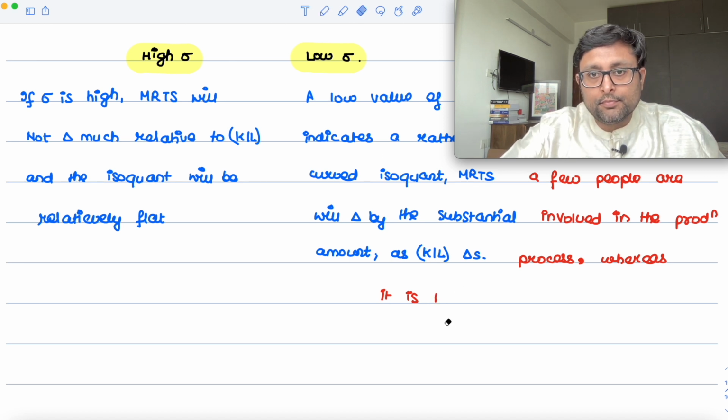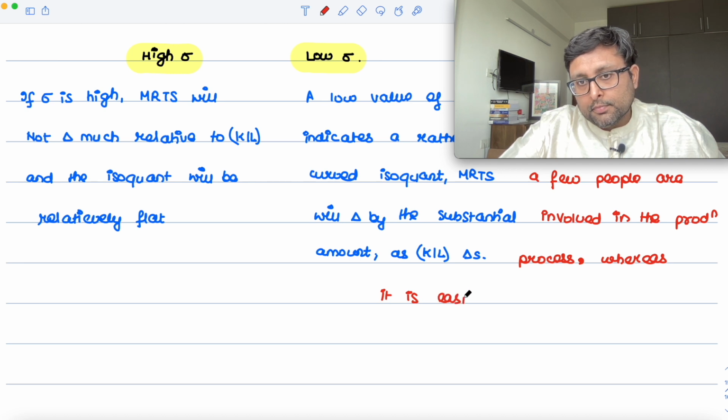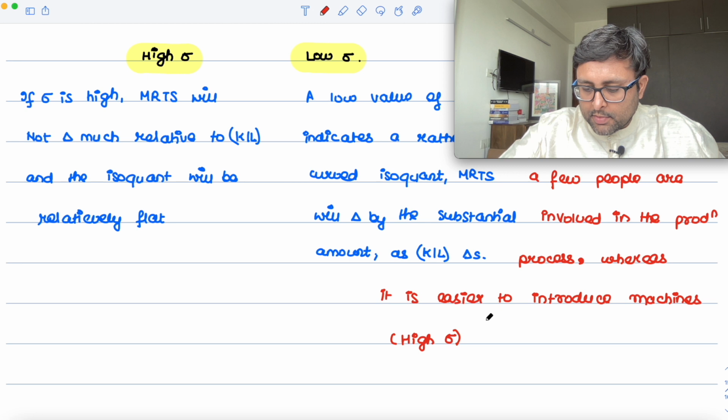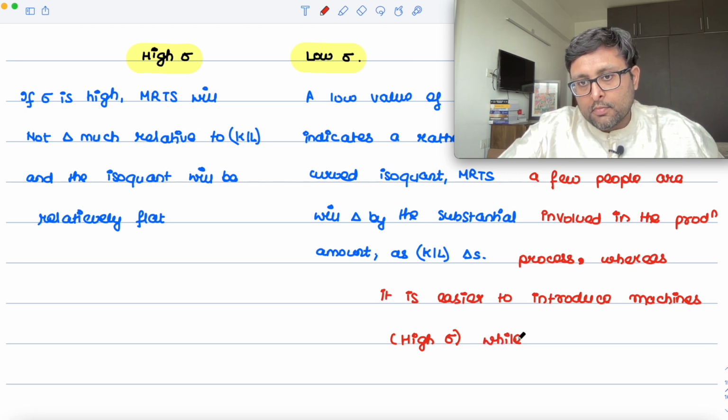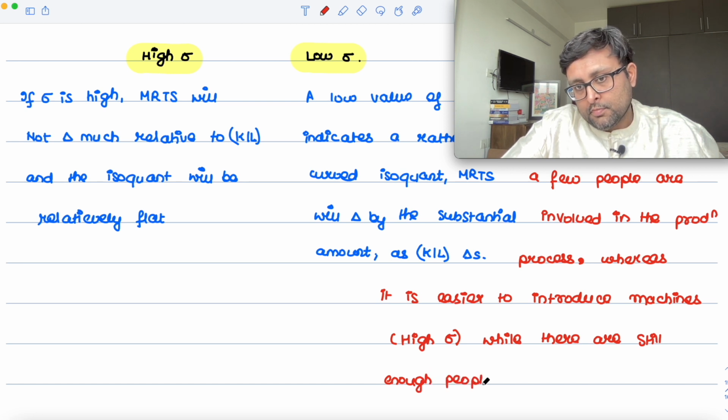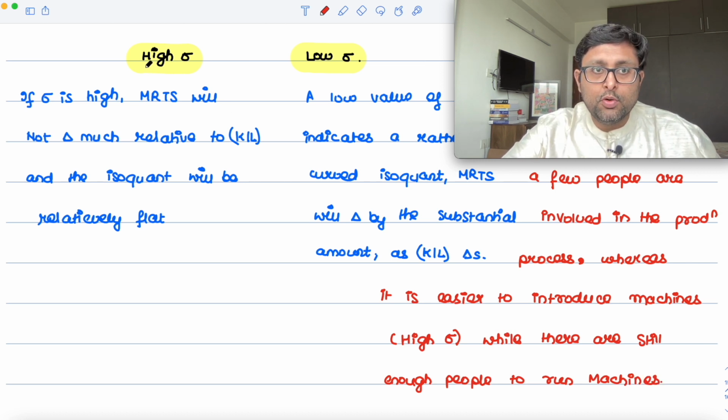It is easier to introduce machines, that is high sigma, while there are still enough people to run machines.